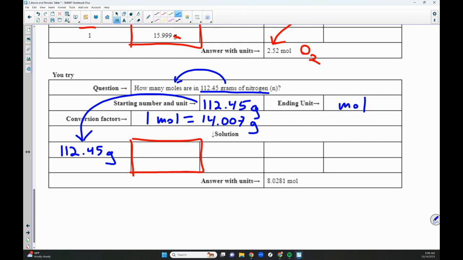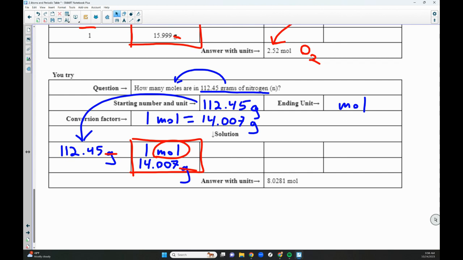And I'm going to multiply by my conversion factor. And I'm going to arrange it so that I can cancel the unit I am trying to get rid of out and convert to the other unit. So I'm going to put grams on the bottom and 1 mole on top. This enables me to cancel out grams because it appears on both top and bottom. Leaves me in units of moles for my answer.